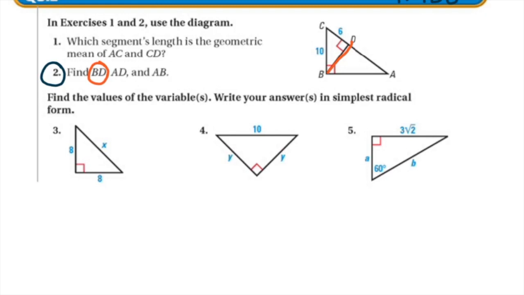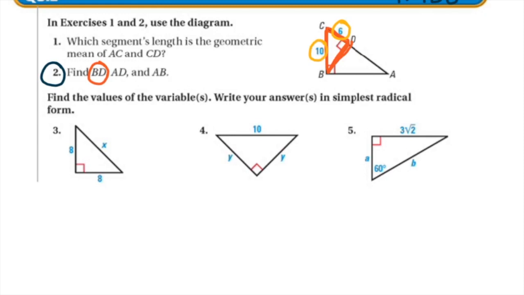But before we jump to setting up a proportion using the altitude theorem, you should first notice that it's also the leg of this smaller right triangle. Do I have 2 side lengths of that right triangle given already? I do. I have a side length of 6 and a hypotenuse length of 10.